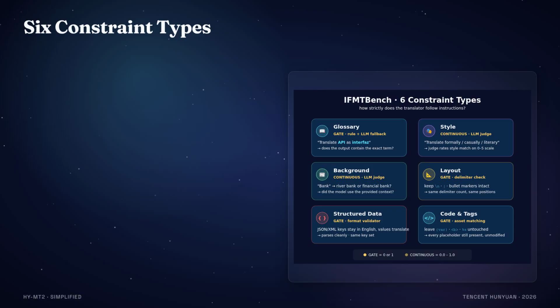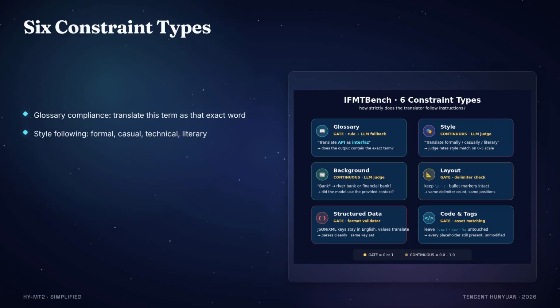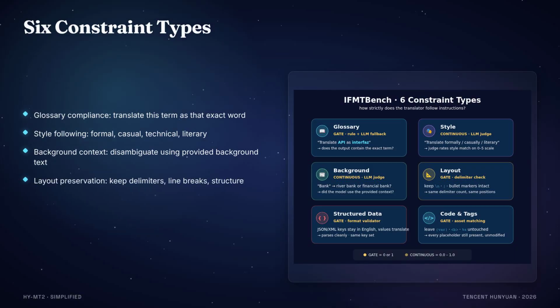IFMTBench measures 6 different kinds of translation constraints. Number 1, glossary compliance, where the user supplies a dictionary and the model must use the exact target term. Number 2, style following, where the user asks for a formal, casual, or literary tone. Number 3, background disambiguation, where extra context decides how an ambiguous word should be translated.